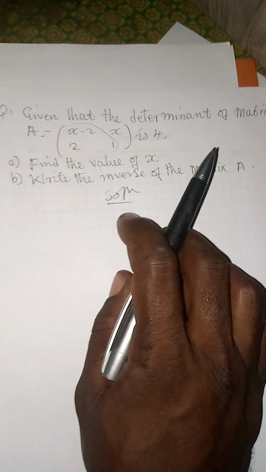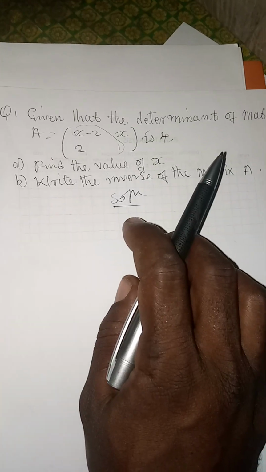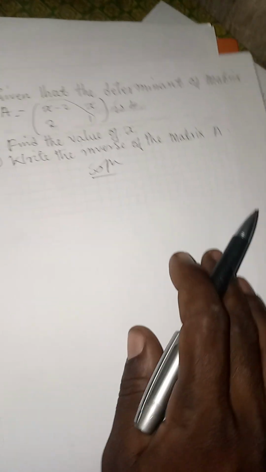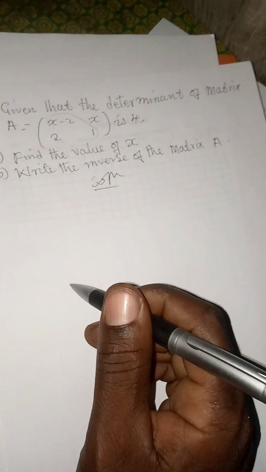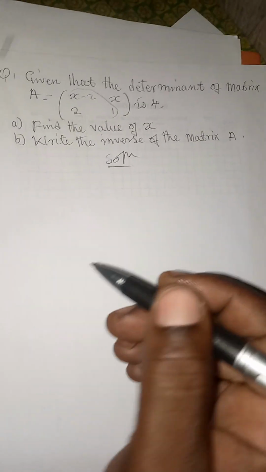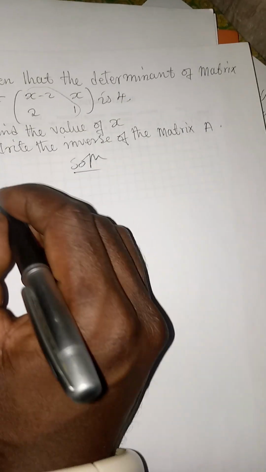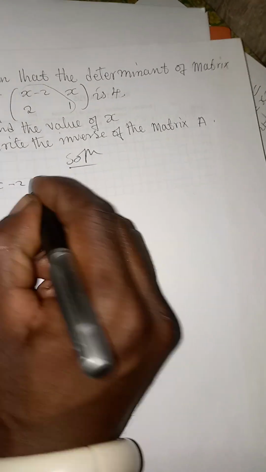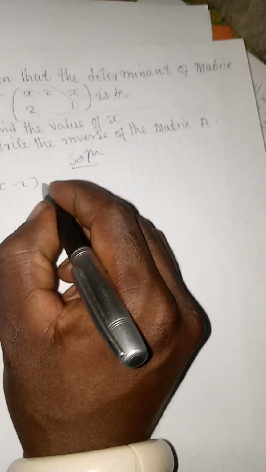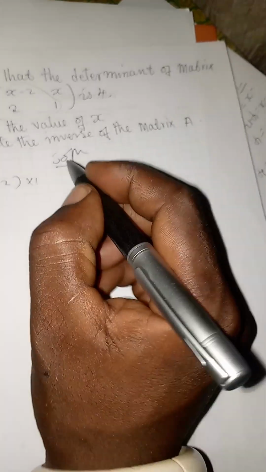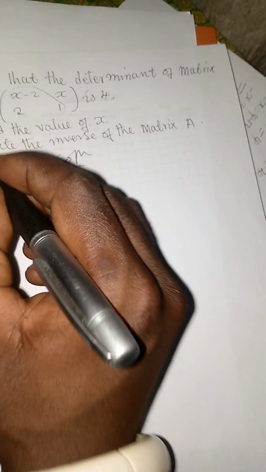So for us to find the determinant of a 2 by 2 matrix, we simply multiply the elements in the main diagonal. In this case, we have x minus 2 and 1. Therefore, multiply x minus 2 by 1, and we can put this in a bracket.